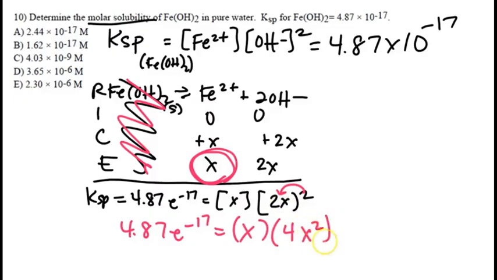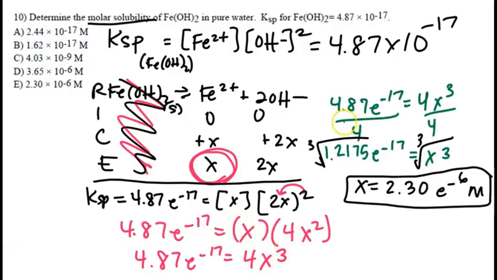Again, we're still going to have 4.87 times 10 to the negative 17 on this side, but now, since we have X multiplied by X, we can add the exponents. So 2 plus 1 is going to be 3, and we're going to have 4X cubed here. All right, so I got 4.87 times 10 to the negative 17 is equal to 4X cubed.